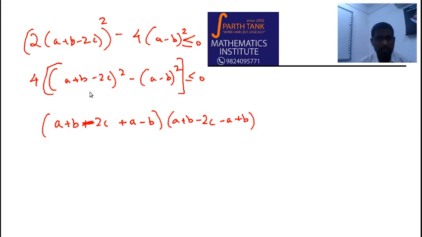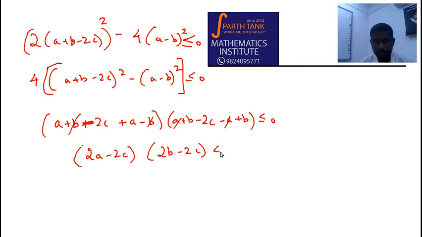This is a squared minus b squared, so I have written a plus b and a minus b. So this becomes 2a minus 2c, and this becomes 2b minus 2c. So again, take 2 from here, cancel them all, and I have a minus c into b minus c is less than or equal to 0.